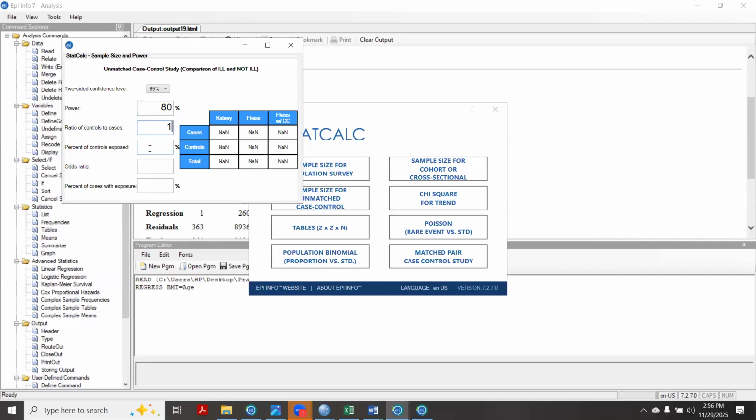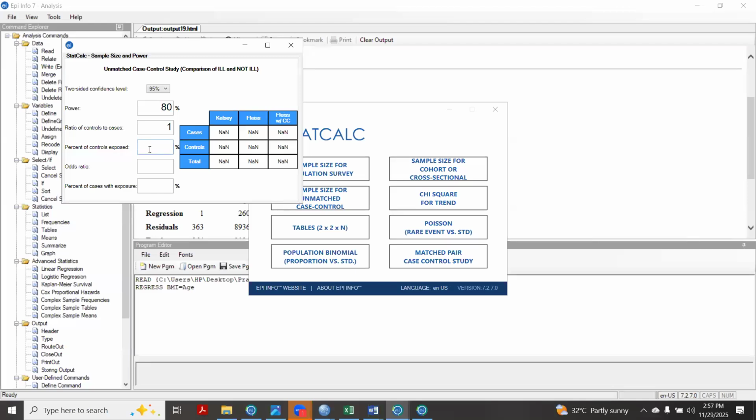Then the percent of control exposed, meaning the prevalence of the case you are interested in. Now, let's say the case you're interested in is like lung cancer. Now, prevalence of lung cancer is 20%.